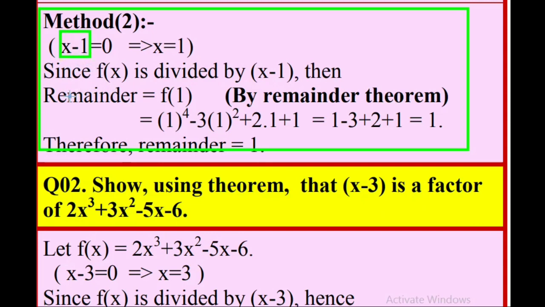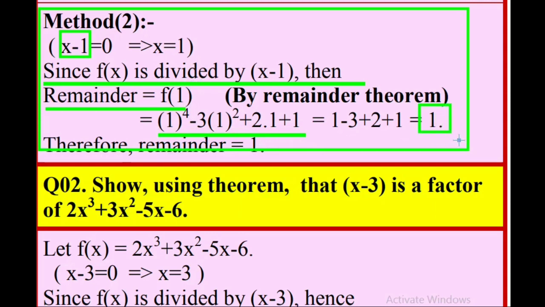The statement here is, since f(x) is divided by x minus 1, the remainder obtained is f(1), by the remainder theorem is the reason, and nothing else we have to write. So here the remainder is f(1). The value of f(x) we know, and in that value of f(x) each and every x has to be replaced with 1, and we simplify this and the answer we get is 1. It means the remainder obtained is 1.